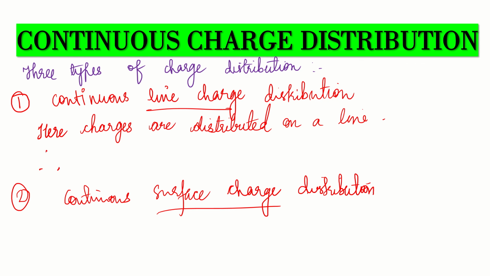therefore since the charges are distributed on a line, it will have linear charge density, right?